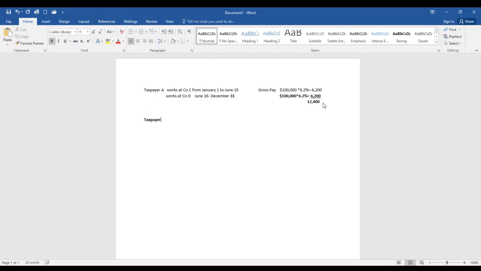Now let's take a look at this. If taxpayer A worked at Company C all year and made $200,000 in gross pay, what would they have paid in Social Security tax? Well, 142,800 times 6.2%.